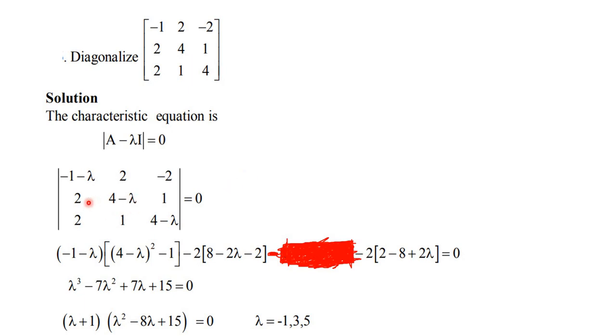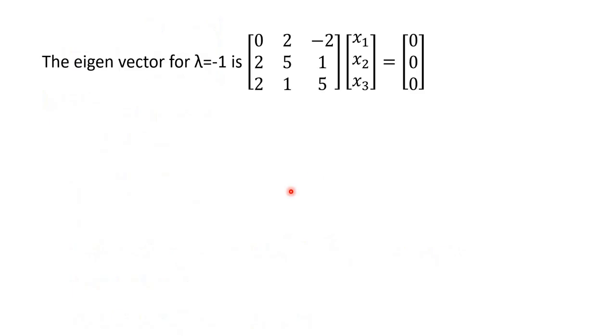In the second row we have 2, 4 plus 1 is 5, 1, and the third row we have 2, 1, 5. So 2, 5, 1 and 2, 1, 5, into x1, x2, x3 equal to 0, 0, 0.